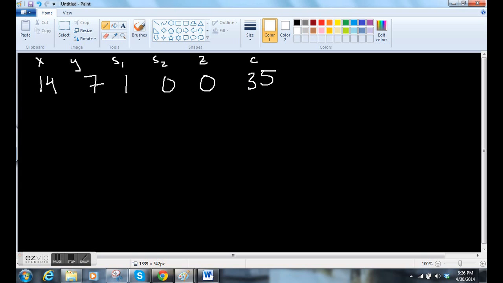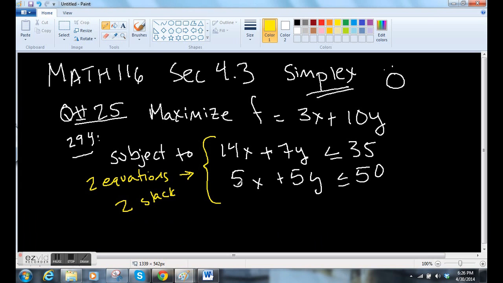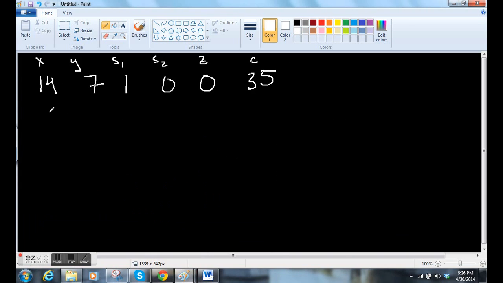The second inequality gives our second row: 5, 5, then slack variable 2, and we get 50.